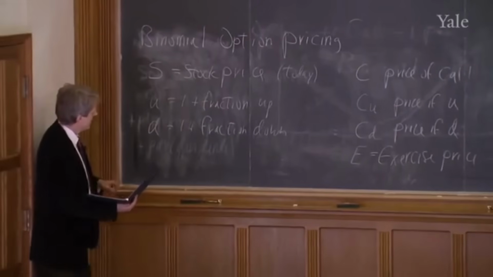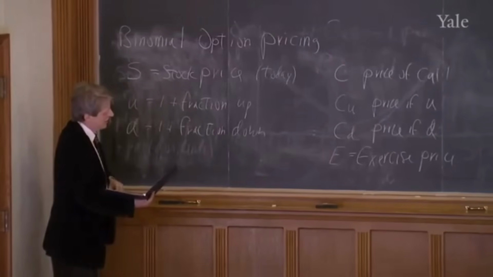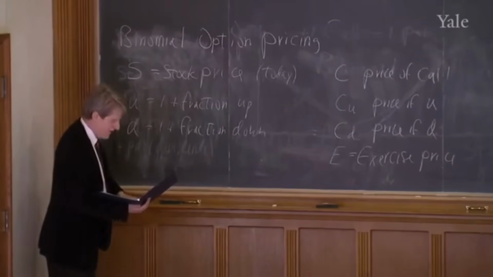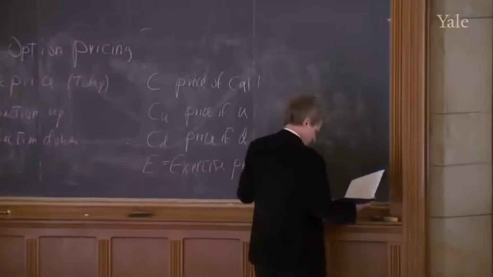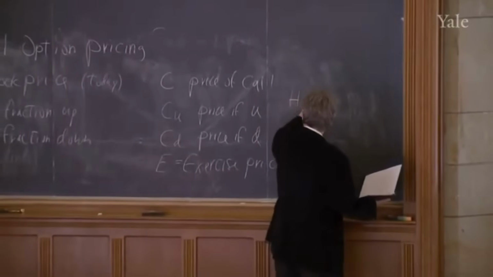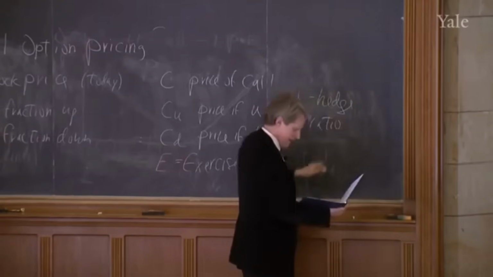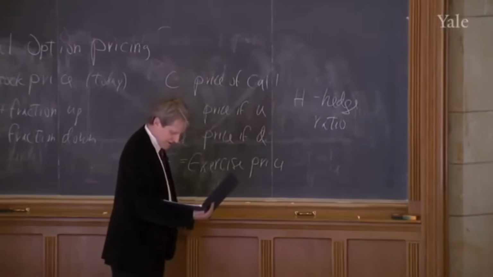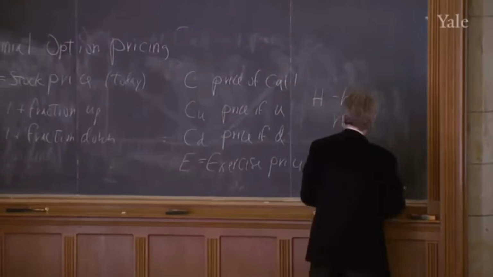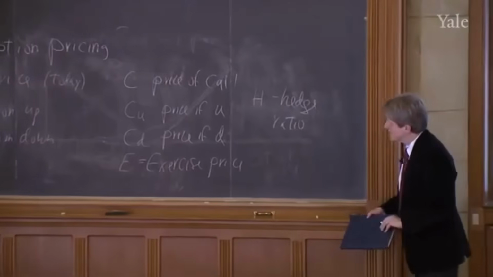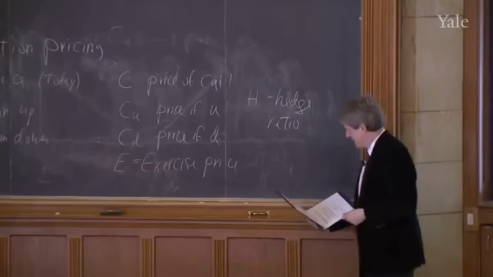Now, what I want to do is consider a portfolio of both the stock and the option that is riskless. H is the hedge ratio, which is the number of shares purchased per option sold. I'm going to sell a call option to hedge the stock price, to reduce the risk of the stock price.